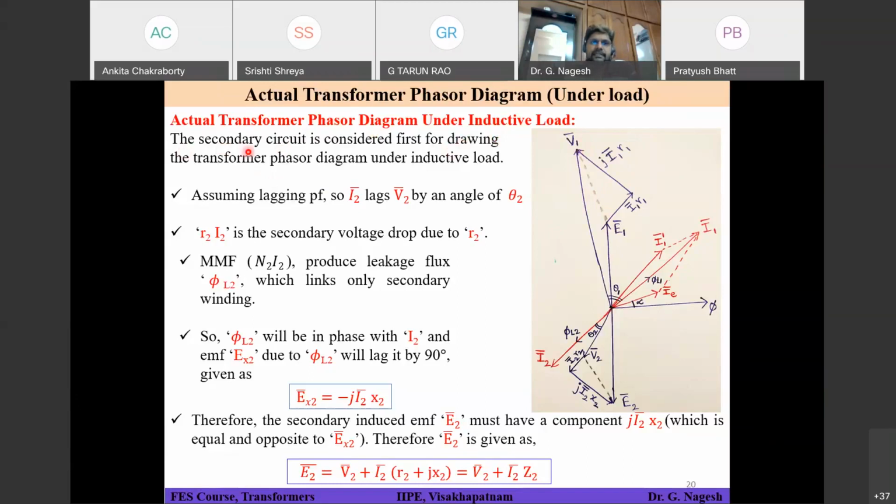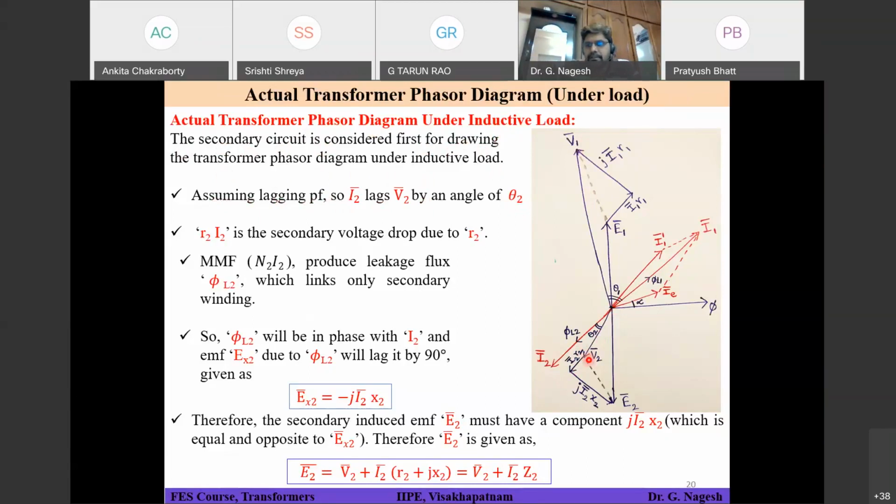The secondary circuit is considered first for drawing the transformer phasor diagram under inductive load. If you assume a lagging power factor load, then I2 lags V2 by an angle of theta 2, as shown here. This is your terminal voltage V2, which means the voltage across the load terminals.